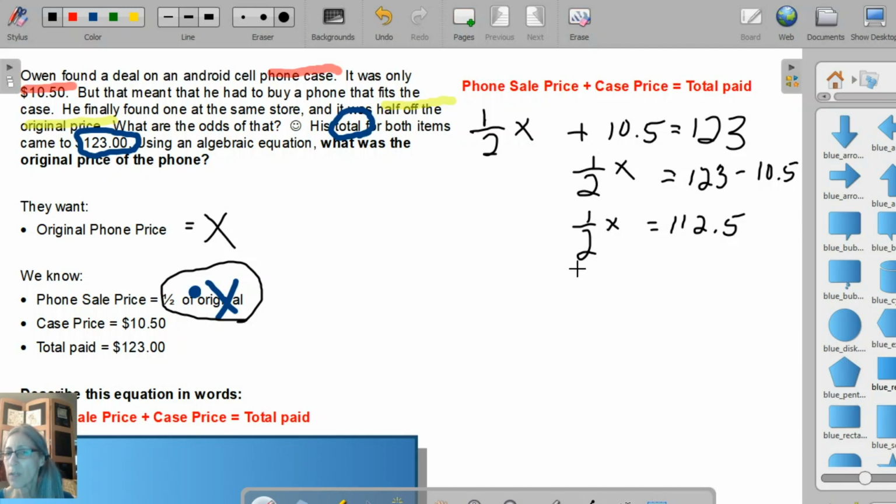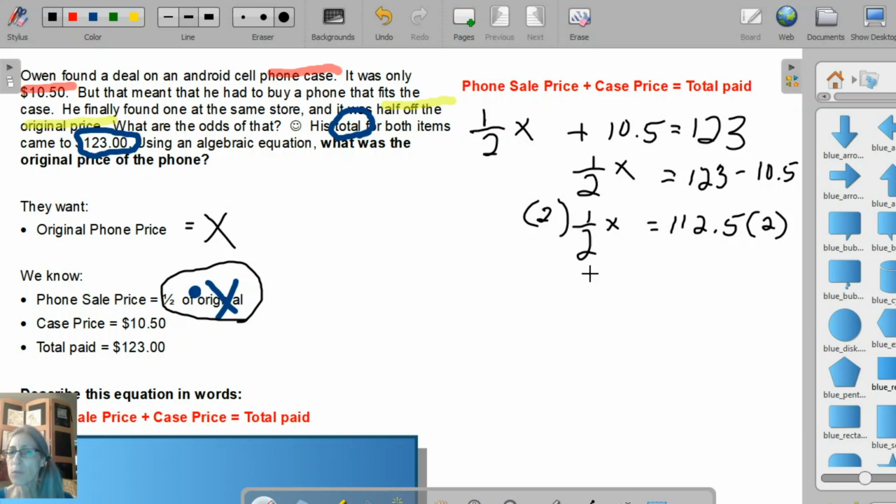And now we have to further isolate X, so we'll multiply both sides of the equation by 2 to get rid of this denominator here. So I'll just write that in so it's very clear. We'll multiply 2 on this side and 2 on this side. And remember, if we do the same thing to both sides, we still retain the equality of the statement or equation.